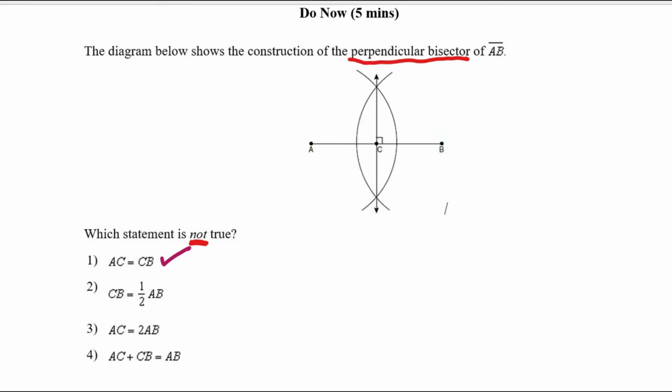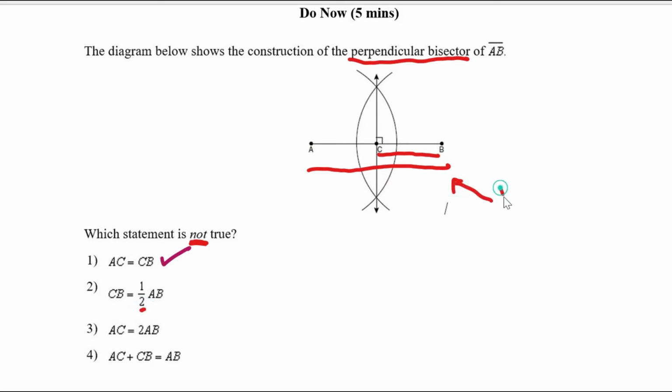Now it says CB is a half of AB. You have AB here, and you see the half in front?